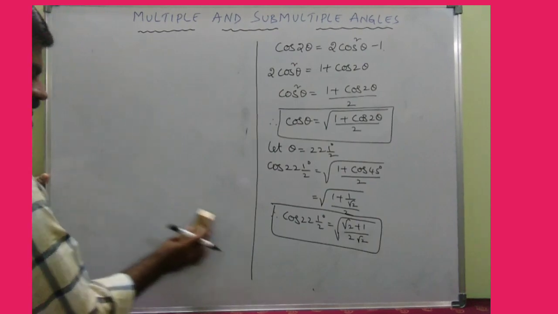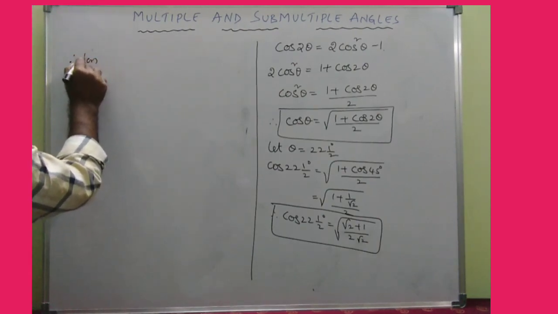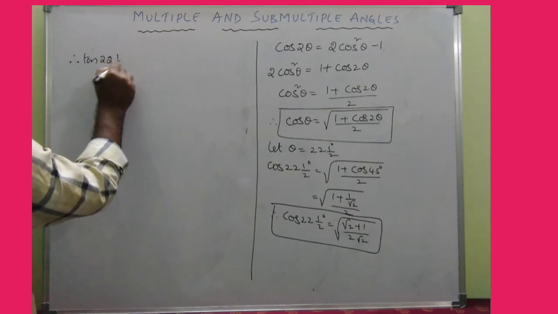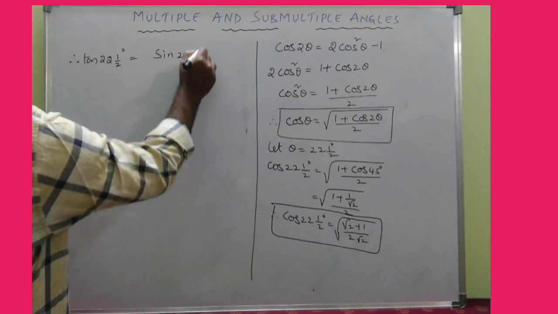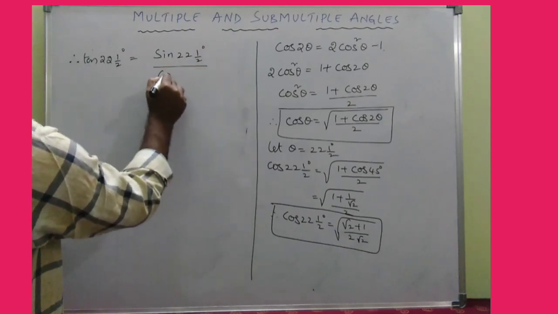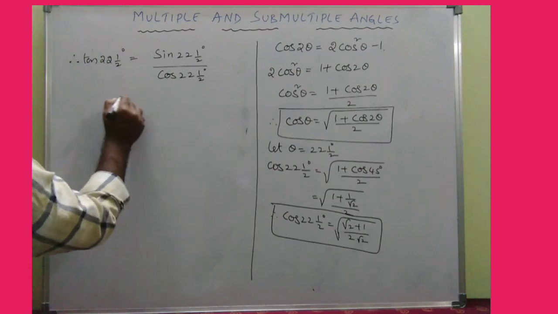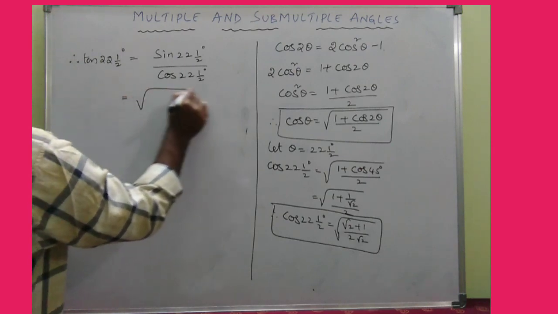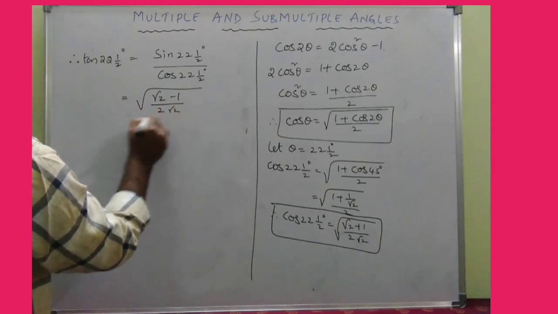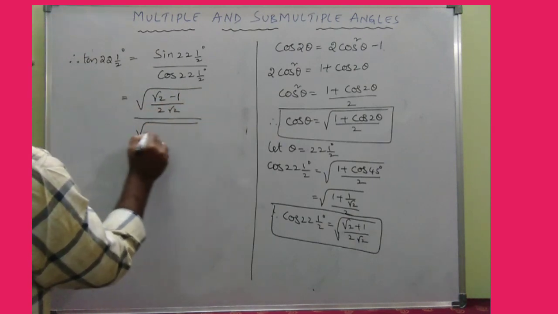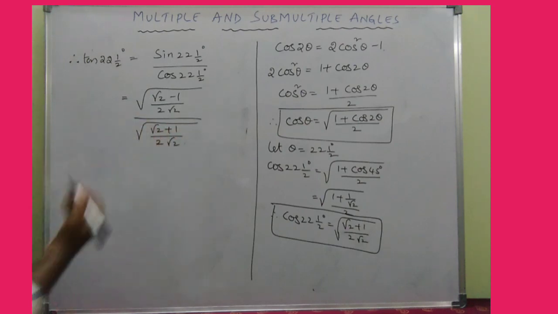So tan 22 and a half degrees can be written as sin 22 and a half degrees by cos 22 and a half degrees, which is root of (root 2 minus 1) by 2 root 2, divided by root of (root 2 plus 1) by 2 root 2.